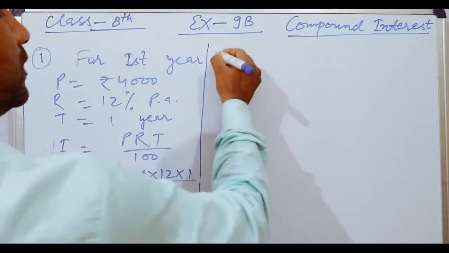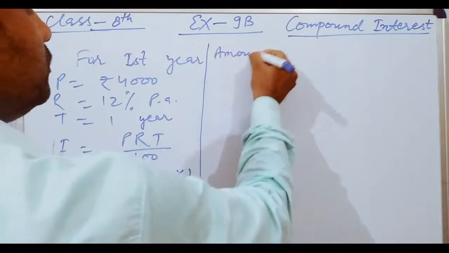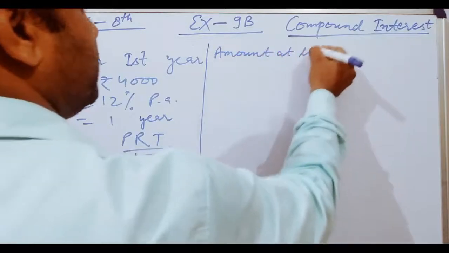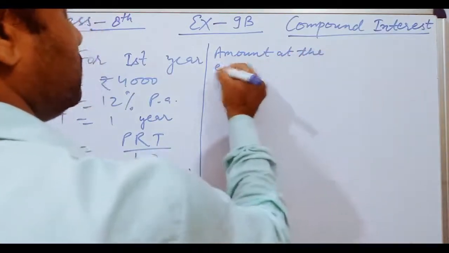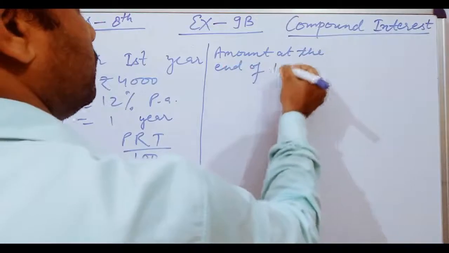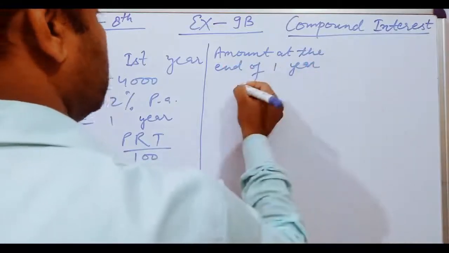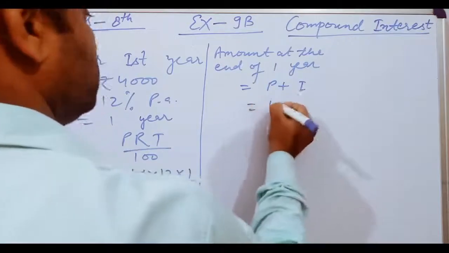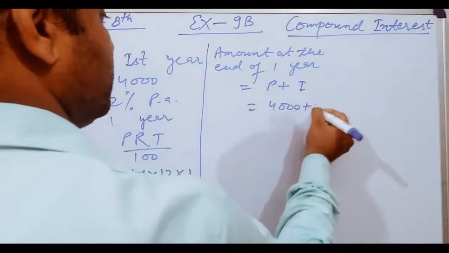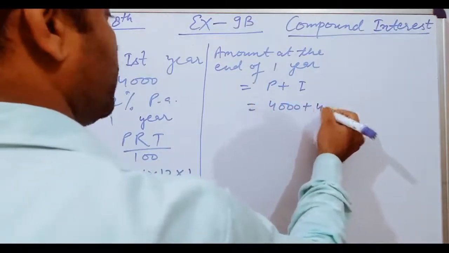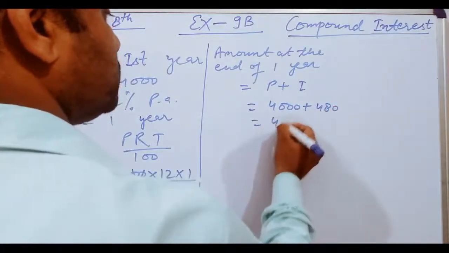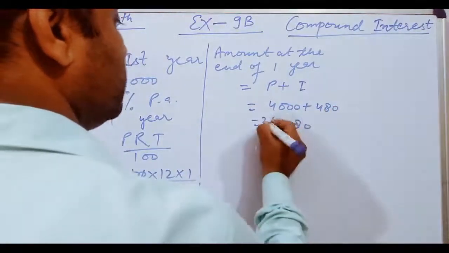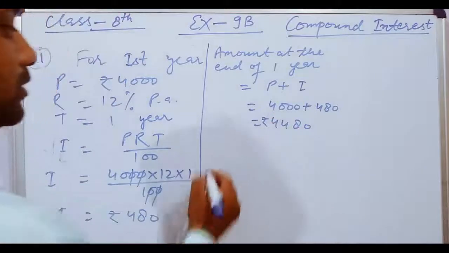So the amount at the end of 1 year equals principal plus interest. Principal 4,000 and interest 480, it is rupees 4,480 amount.